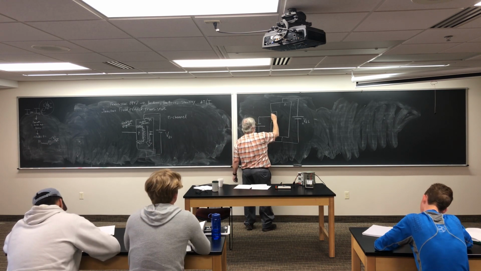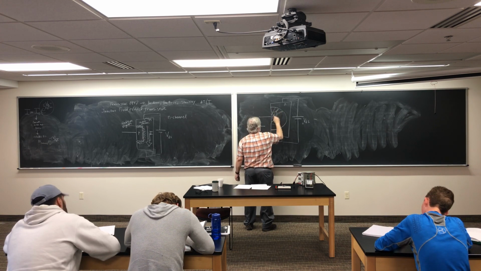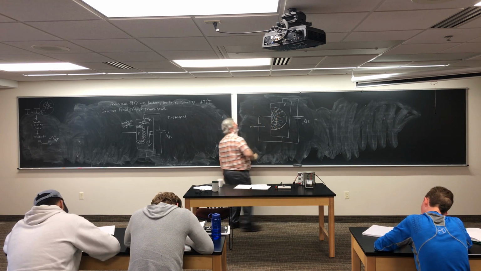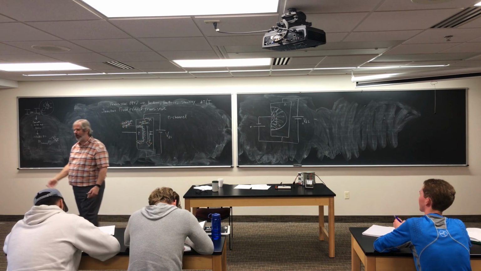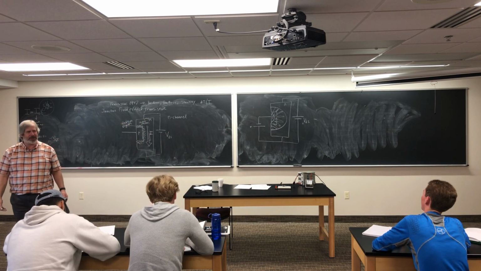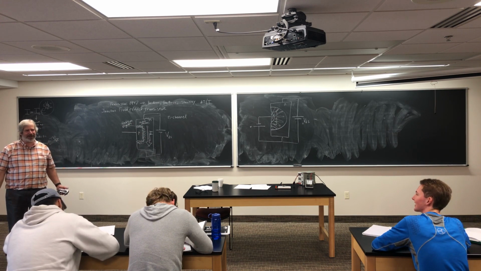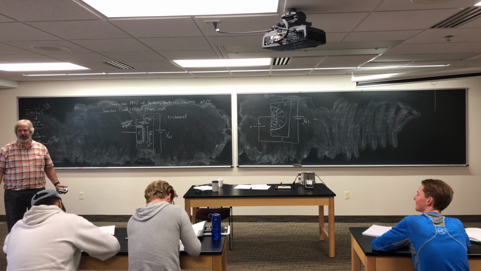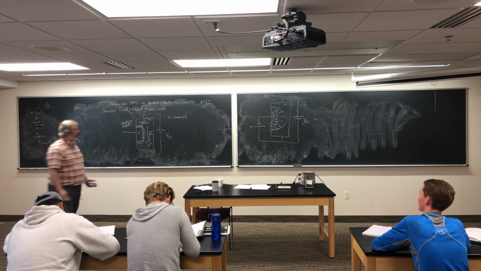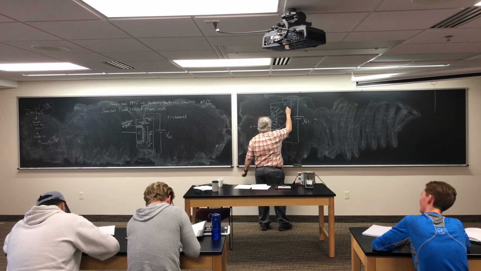So let's say it goes from here to here. Here's my depletion region. What happens to the amount of current you can have flowing through that n-type material? You limit it, right? It goes down. So if you make the depletion region bigger, you limit the current that can go through. So you limit the current.